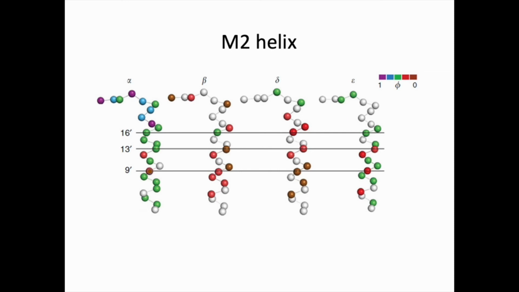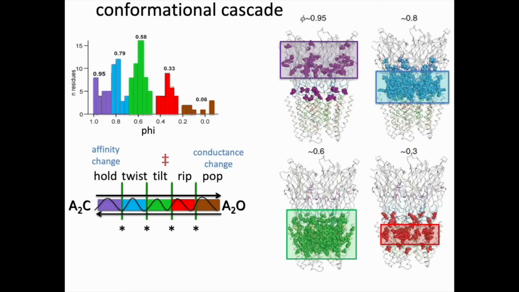So let's put the sequence and the map together and describe the conformational cascade, or gating conformational wave. So here's the histogram of phi values that gave us this sequence of events, and now we can localize these to different regions of the protein. And in related receptors, these regions have been shown to change structure in specific ways.